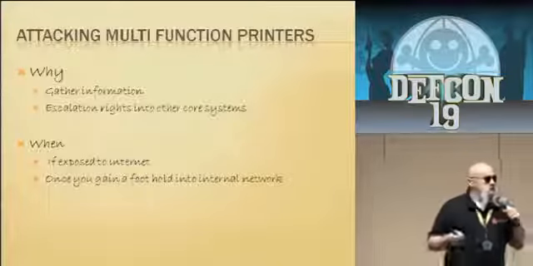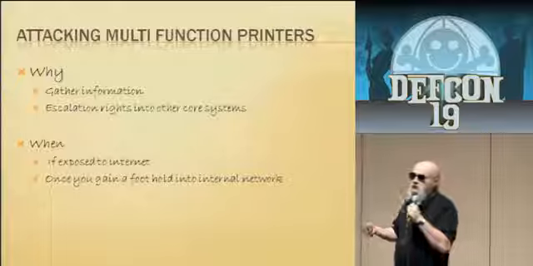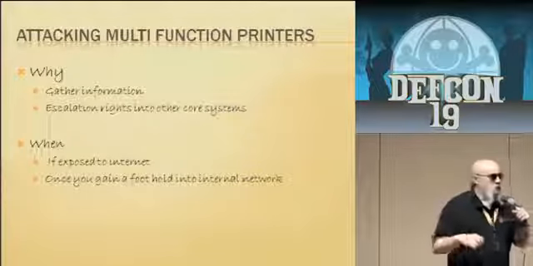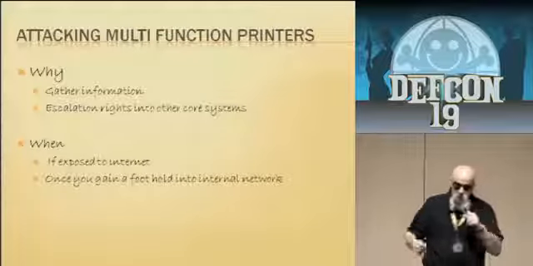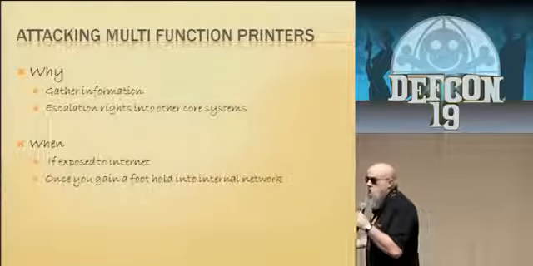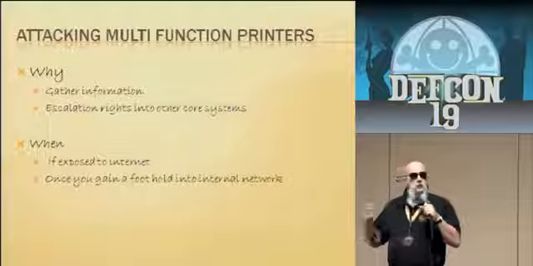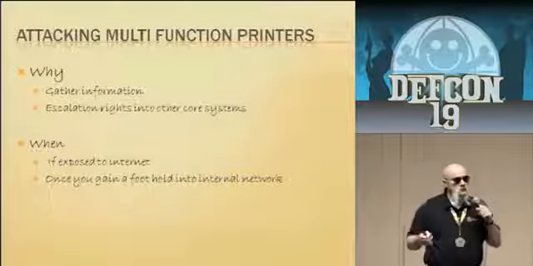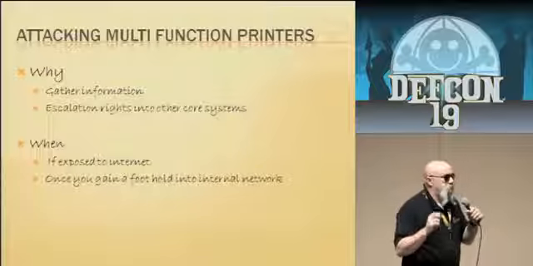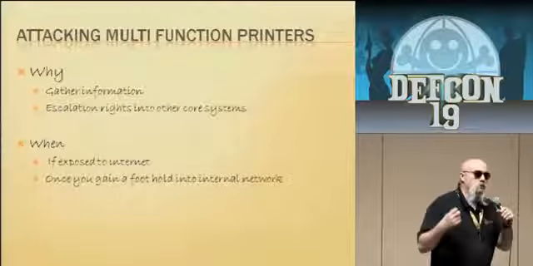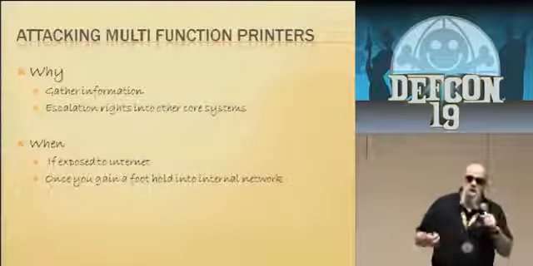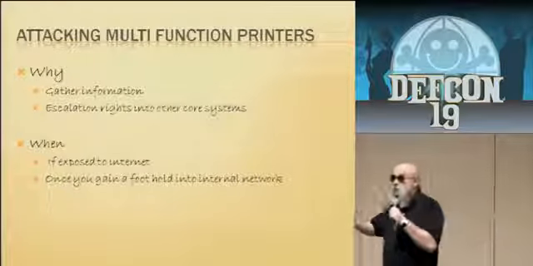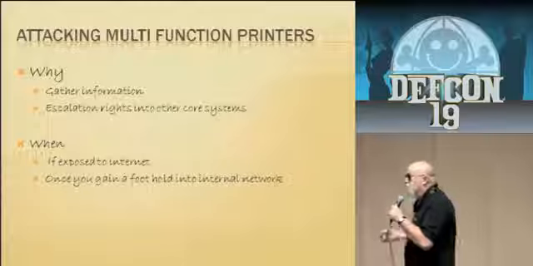We can gather this information and use it to escalate our rights into other core systems within your environment. So when are we going to typically do this? An example would be if you expose it to the internet. And I know everyone's thinking, why would anyone expose a printer to the internet? Well, go out to Google when you get a chance and try to pull out some printer information, and you'll find there are literally hundreds of thousands of printers exposed out there.